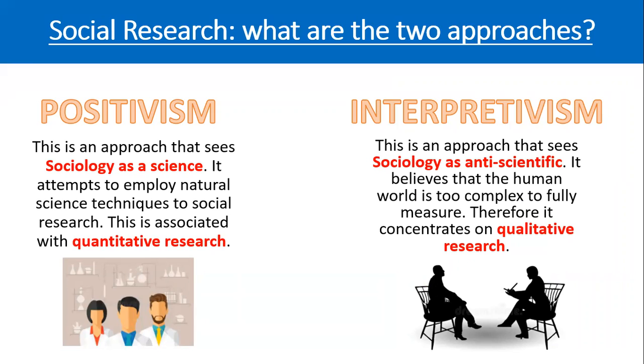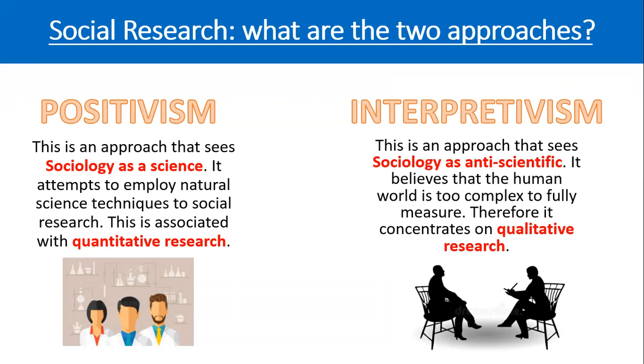And then on the flip side of that, you have the interpretivist approach. Now, this is very much anti-scientific in the sociological community and something that has really developed since the 1960s. It's been there before with the likes of Weber, had a movement with people like Herbert Mead, and even in social psychology with people like Erving Goffman. But it's not really something that develops until after those founding fathers.